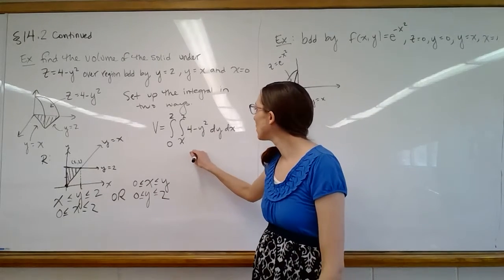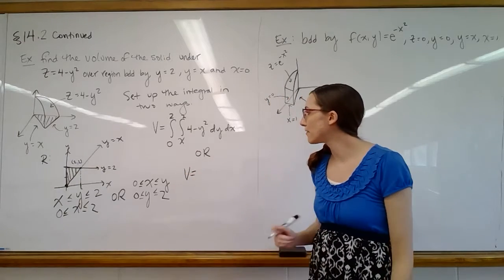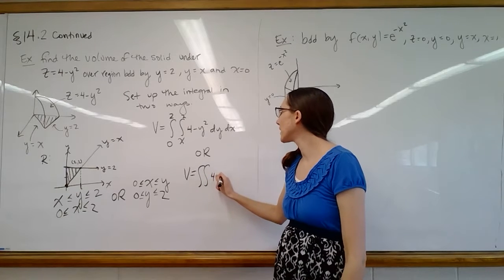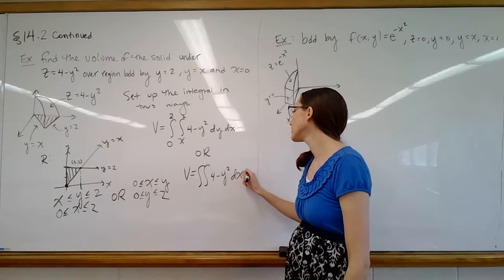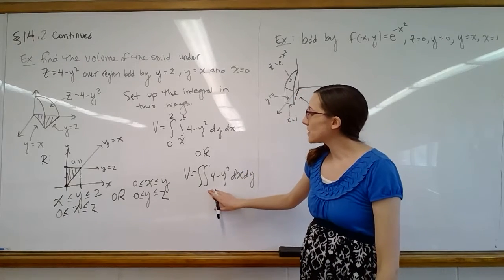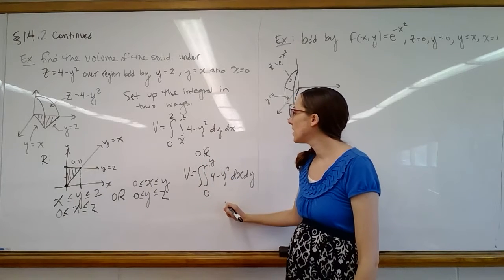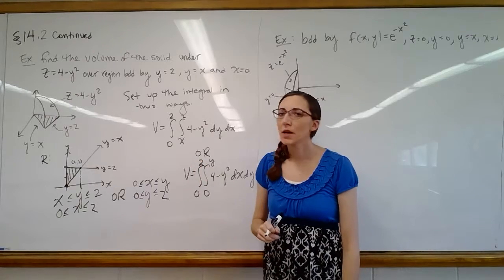So it would be perfectly valid to also define the volume as being the double integral of 4 minus y squared. This time it would be dx first and then dy. The x bounds we chose were from 0 to y, and then the y bounds were from 0 to 2.